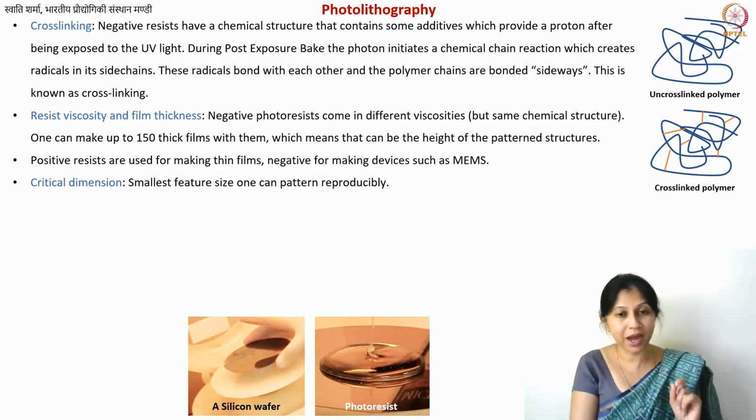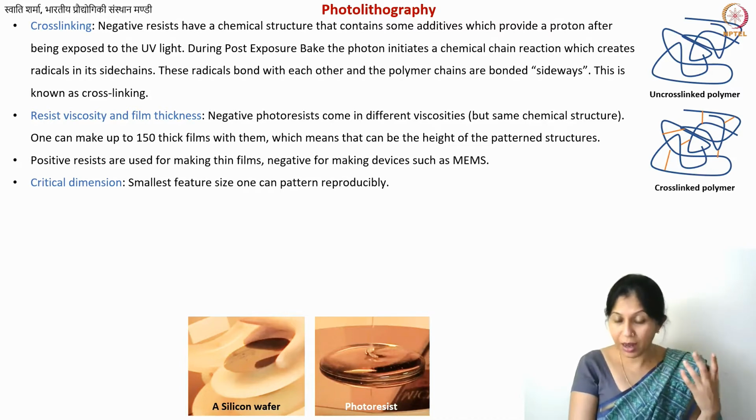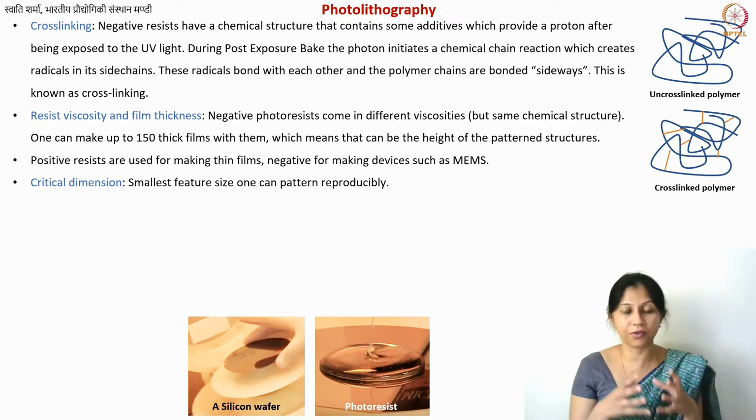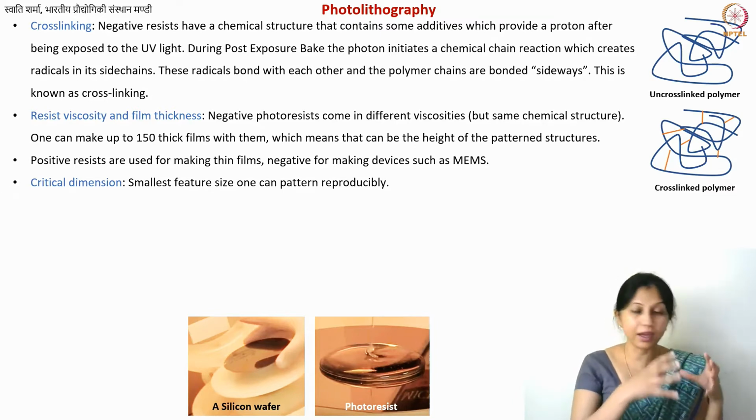So you will say the critical dimension of my photolithography technique is, whatever, 5 micrometer. Now that will depend on what photoresist you're using, whatever is your process. So it's not just a critical dimension of lithography in general, but of your certain process. Now in some cases also, given a combination of a particular resist and an equipment.